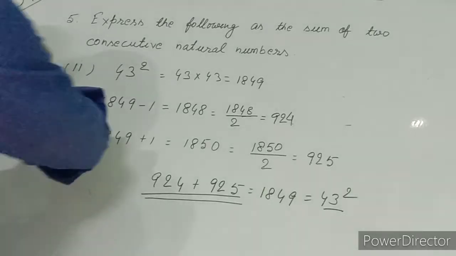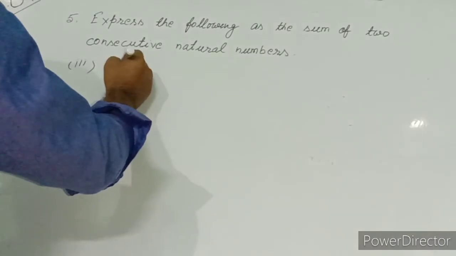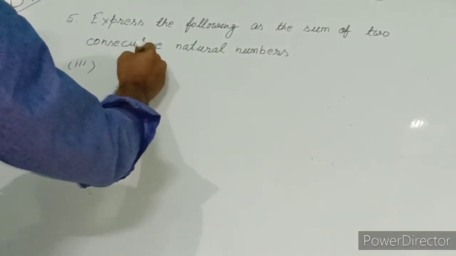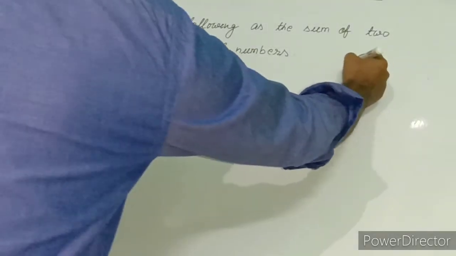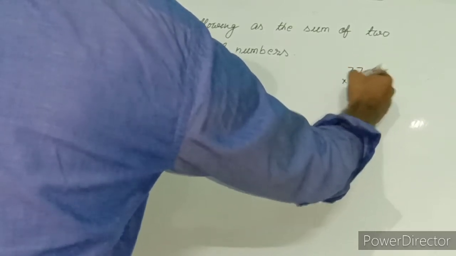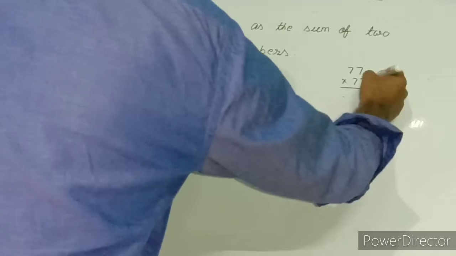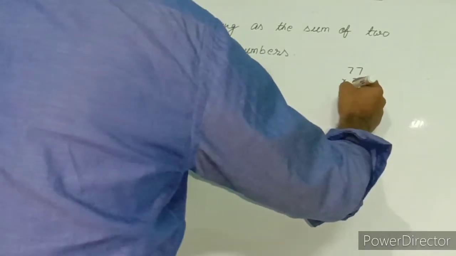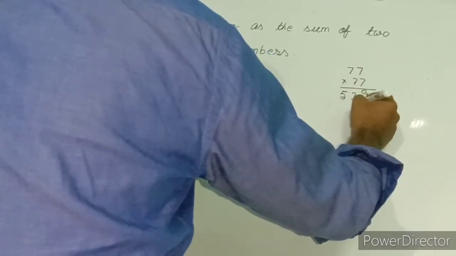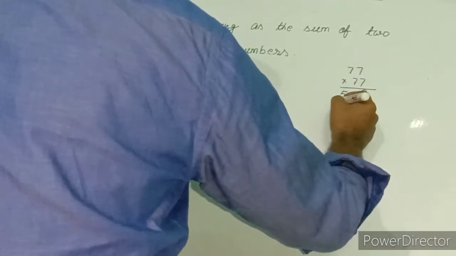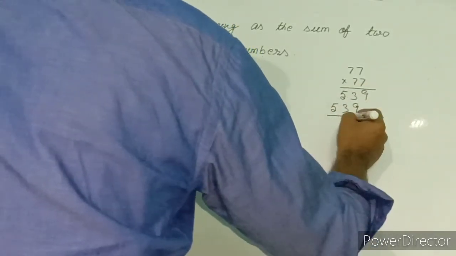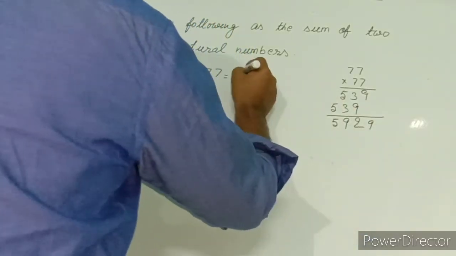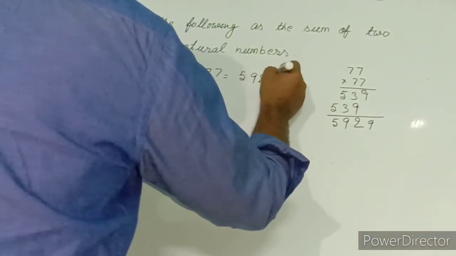So this 43 square is the sum of these two consecutive natural numbers. Roman number 3. In Roman number 3, the number is 77 square. That is equal to 77 into 77. Multiplying, we get 5929.